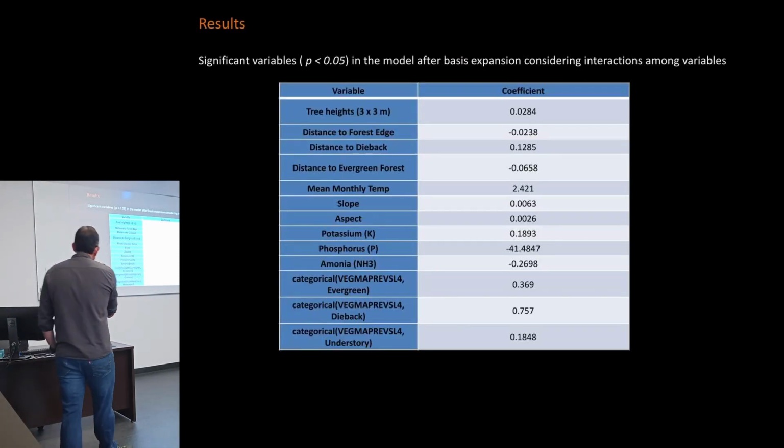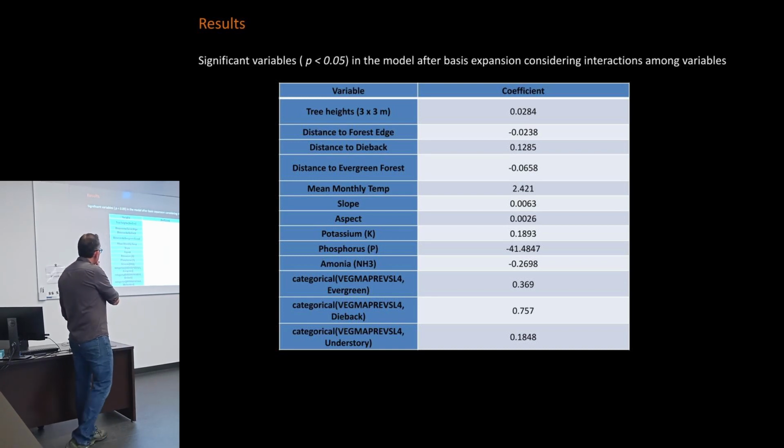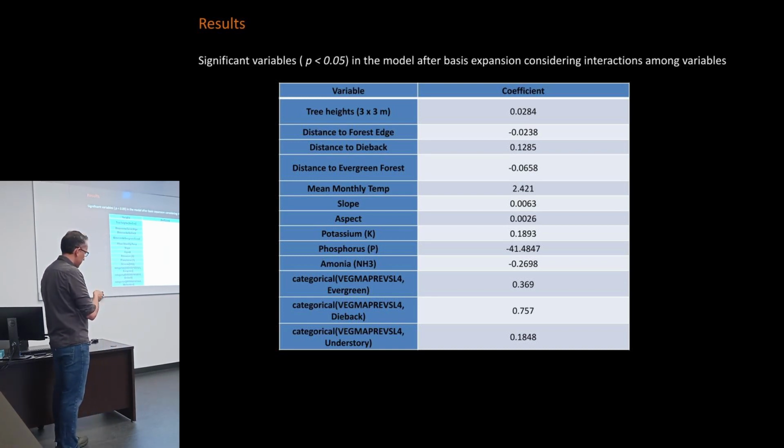Now, this is another output that is important to look at. These are the coefficients, and the size of the coefficient, in other words how big the number is, gives you a sense of how important that variable is in explaining the presence of holly, right? The larger the coefficient, and this is actually modeling the interactions as well.